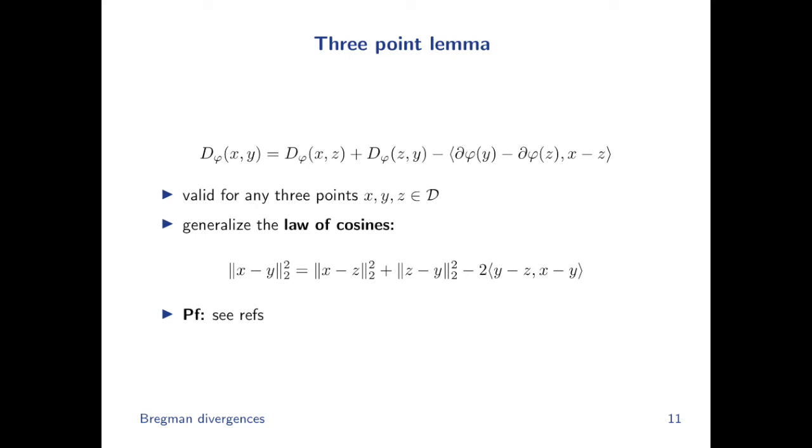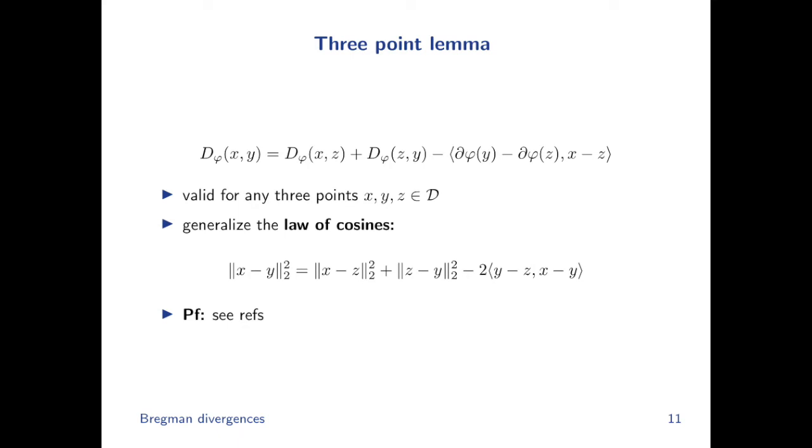The way to see all this stuff is to think about the Bregman divergence induced by the function phi of x equals 1/2 the Euclidean norm of x squared, or 1/2 x transpose x. So for this Bregman divergence, the gradient of phi is just the argument to the function itself, right?